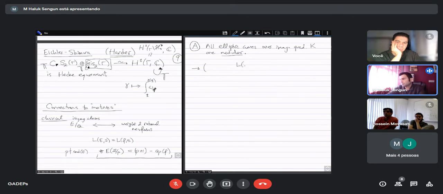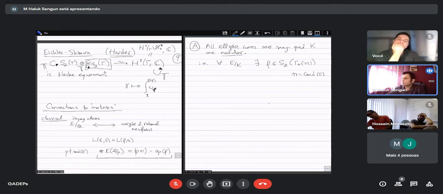First remark: the notion of modularity is in the sense that I mentioned before. That means that for all E over K, there is a Bianchi modular form, in fact of level gamma naught of n, where n equals the conductor of the elliptic curve, the same recipe as in the classical situation, such that the L-functions agree in the strong sense that I mentioned earlier: for all prime ideals away from the level, the point counting on the elliptic curve is determined by the Hecke eigenvalues.